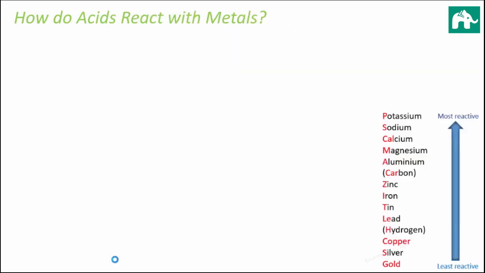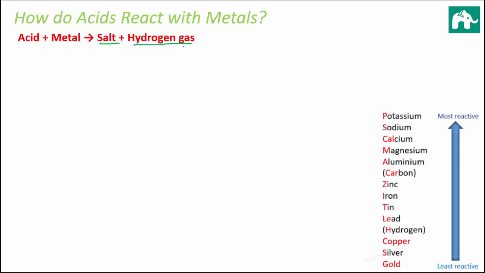So moving ahead with how acids react with metals. Now this is again something very, very important. Normally, an acid reacts with a metal to form a salt, and hydrogen gas is liberated during the process. What we will understand here is how exactly this reaction takes place.